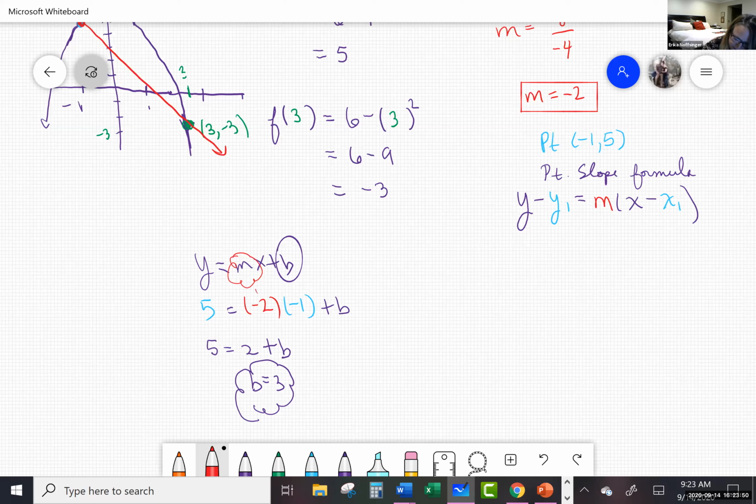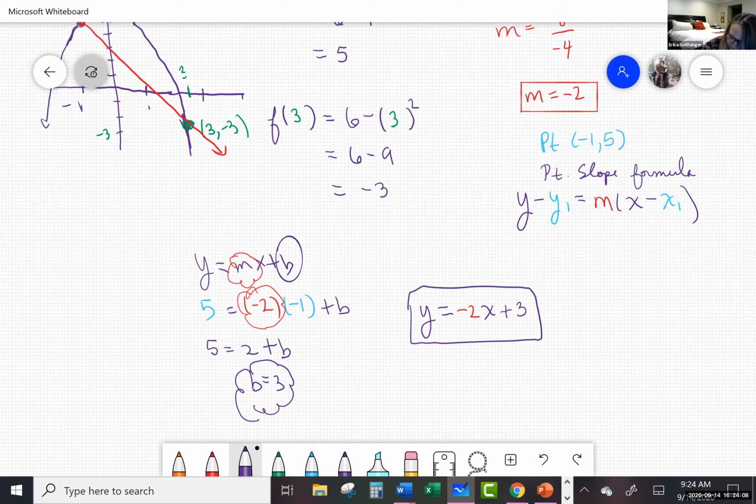I have my equation of my line. So y is equal to my slope, -2, times x plus b, which was 3. So this is the equation of the secant line between x equals -1 and 3.